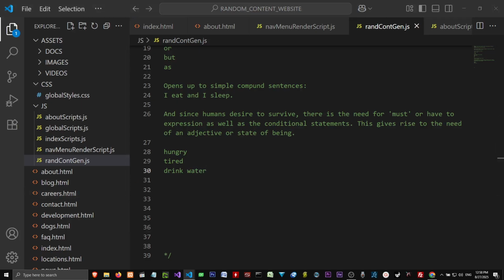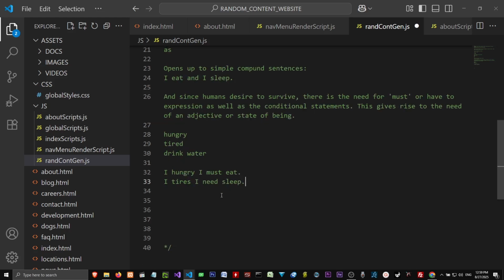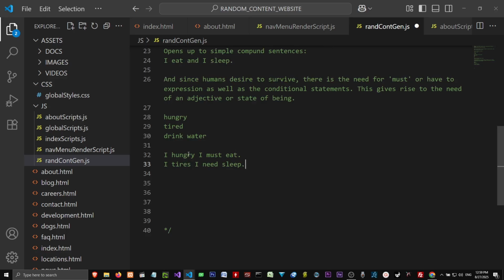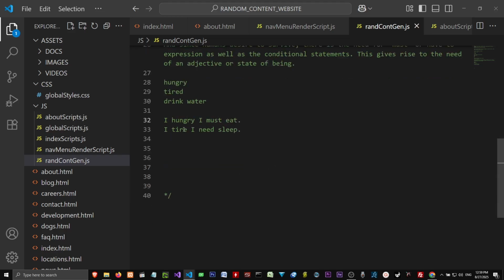So, with the must or need concept that we have, getting back to our rudimentary language up here: I hungry, I must eat. I tired, I need sleep. So looking at this as a modern English speaker, this is not grammatically correct.